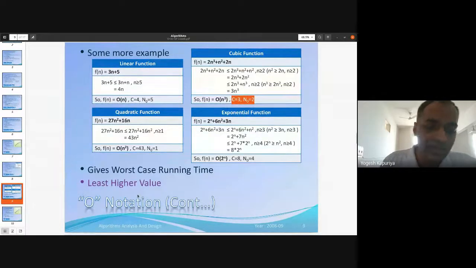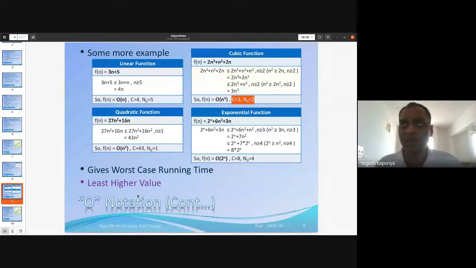If you understood this carefully, then understanding the other notations is relatively simple, because you can simply apply this logic over there and easily get the concept. So this is about the first notation, that is big O notation, for computing the asymptotic function for any given equation, and that is actually your time complexity.